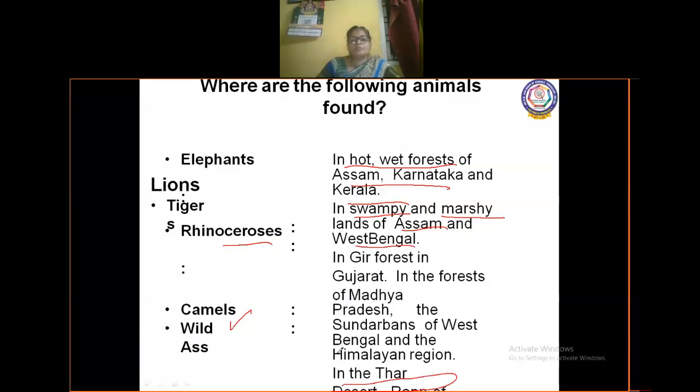They are good transport for the desert, sandy area. And of course, your Bengal tiger in the Sundarbans of West Bengal. And of course, the lion in Gujarat, and the one horned rhinoceros in Assam.